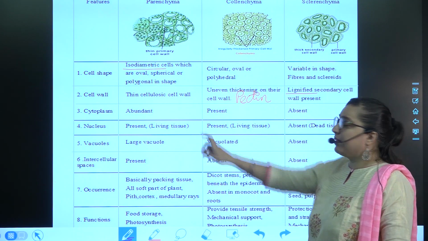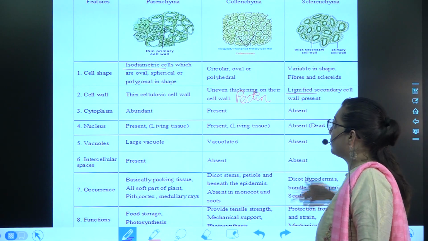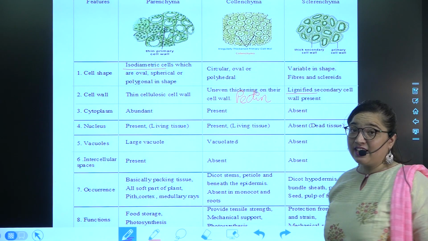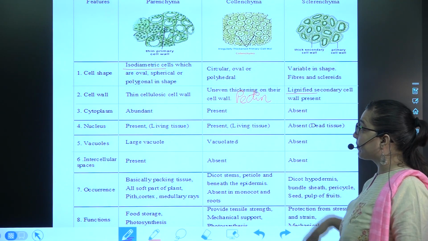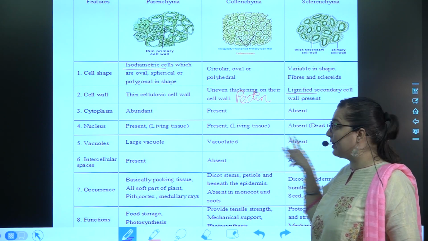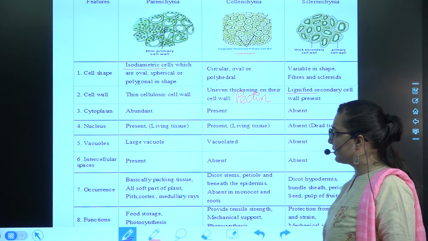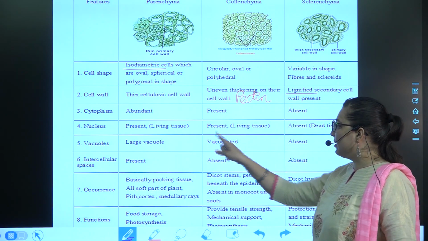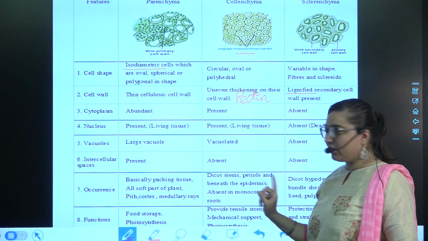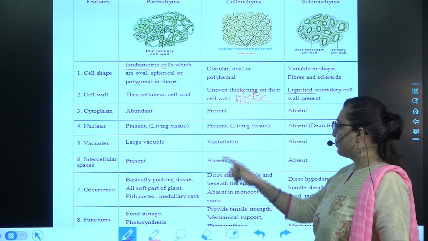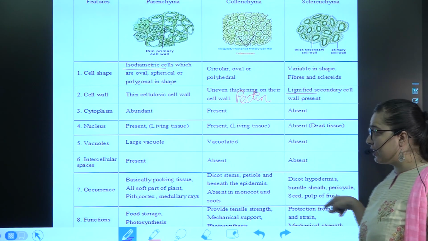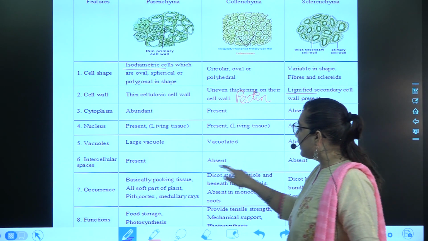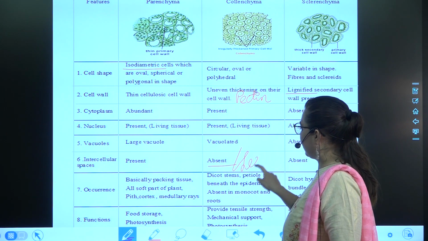Coming to cytoplasm, there is abundant over here. Here it is present, while in sclerenchyma there is no cytoplasm. These are living tissues, while these are dead tissues, because the nucleus is absent. Vacuoles: large vacuoles, vacuolate, and here they are absent. Intercellular space present, absent and absent. Actually, it's a bit less sometimes.